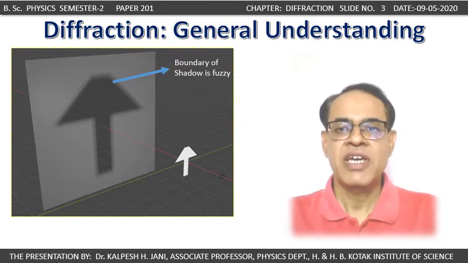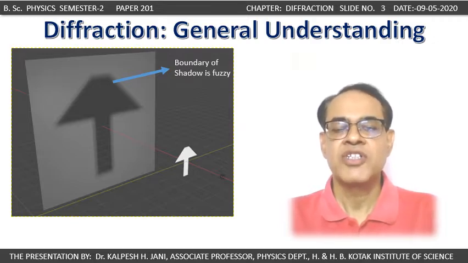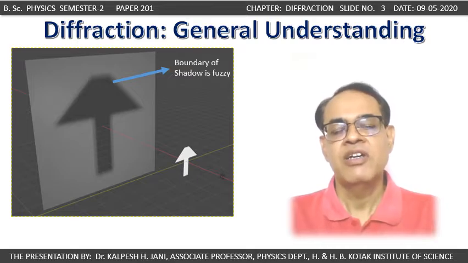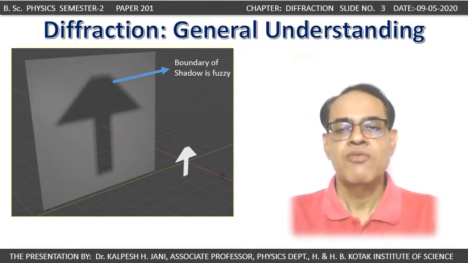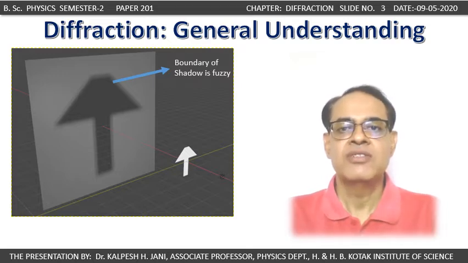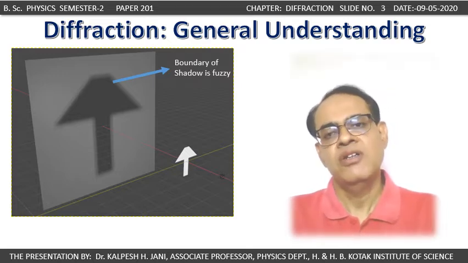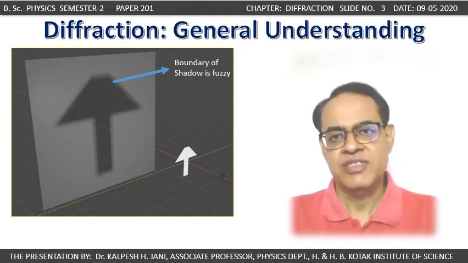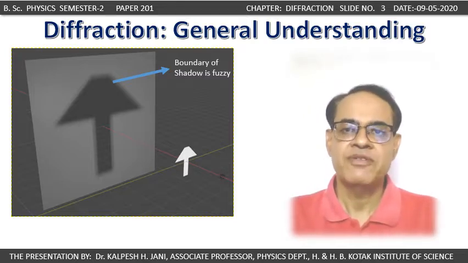Now in this case you will get the shadow of the object having a blur boundary, a very fuzzy boundary. Now what is the reason for that? So that we have to go into what we can infer from this type of behavior, the fuzziness of the boundaries of the shadow.